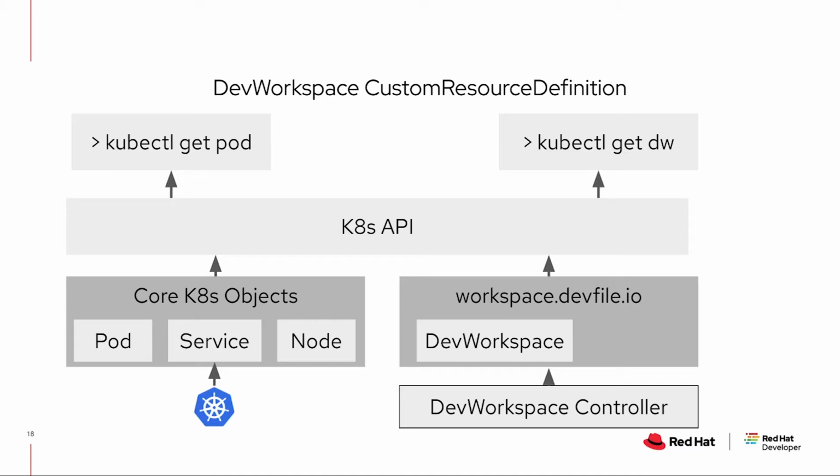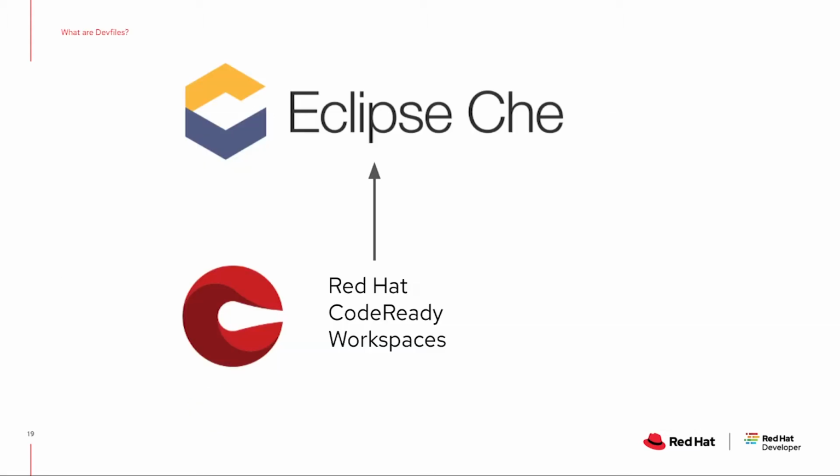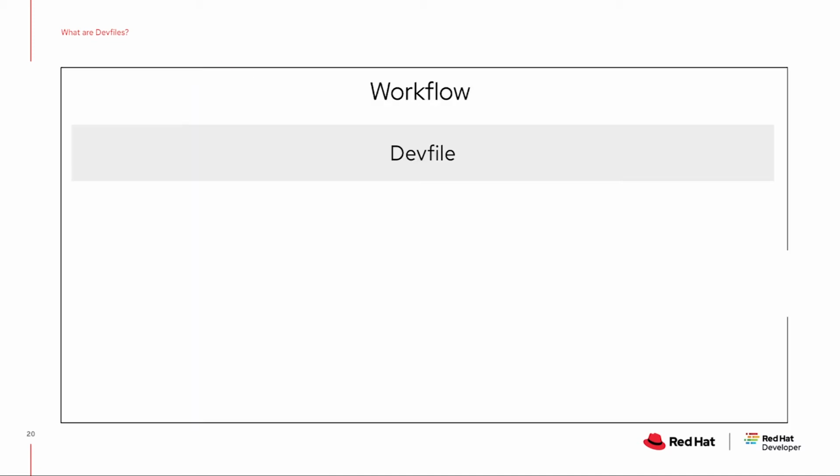The workspaces are stored directly on the cluster and processed by a special custom controller. There is also a Red Hat product called CodeReady Workspaces, which downstreams Eclipse Che and provides pretty much the same functionality, but is more stable and secure since every release is beta tested, and we guarantee that every container is built in a secure environment.